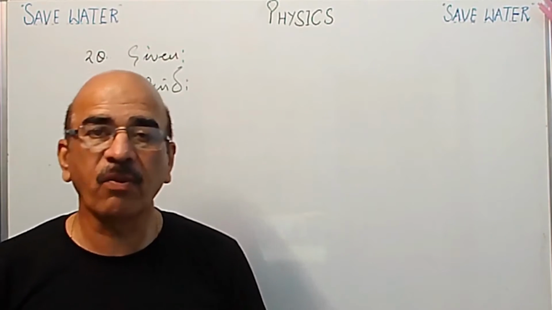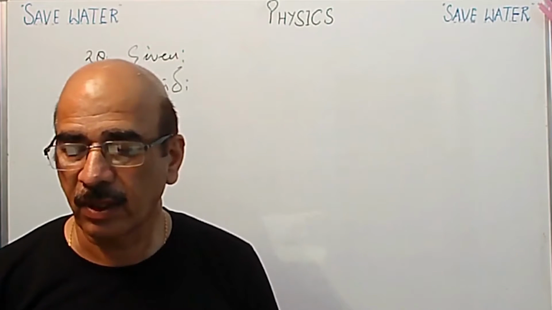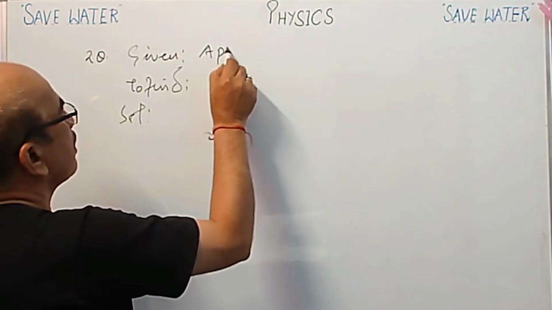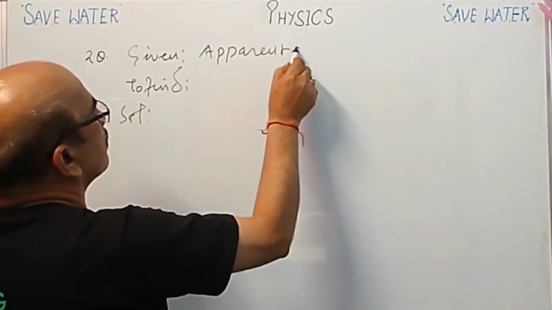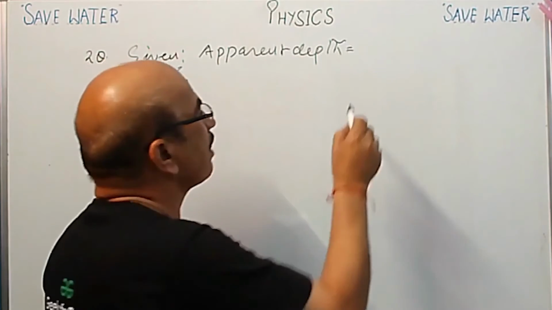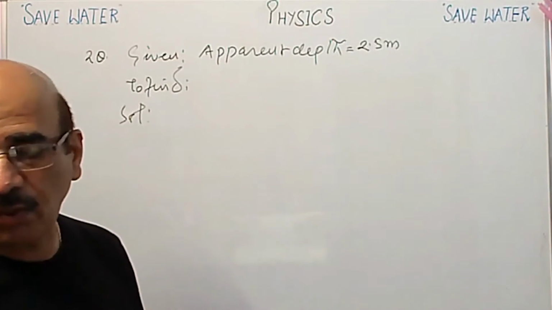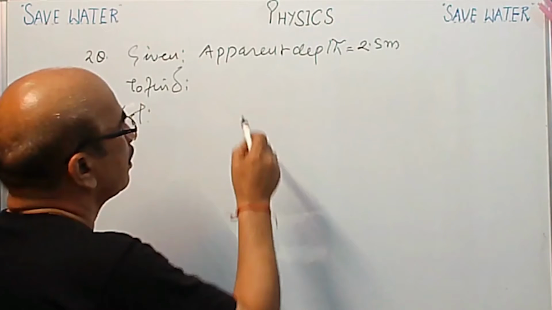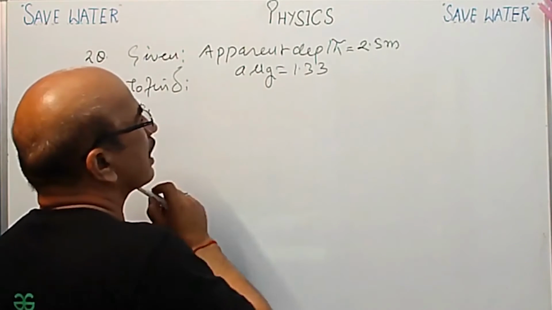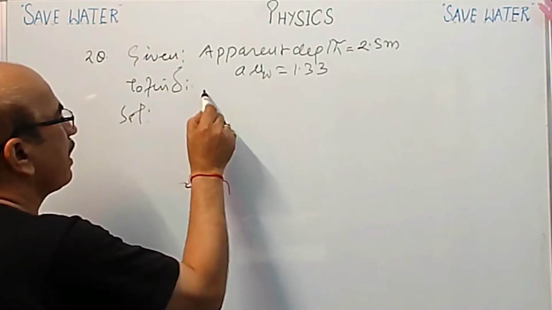If the refractive index of the water is 1.33, find the actual depth of the water. Here the apparent depth is given, 2.5 meter. The refractive index of water, mu w, is 1.33 is given. To find, the actual depth.